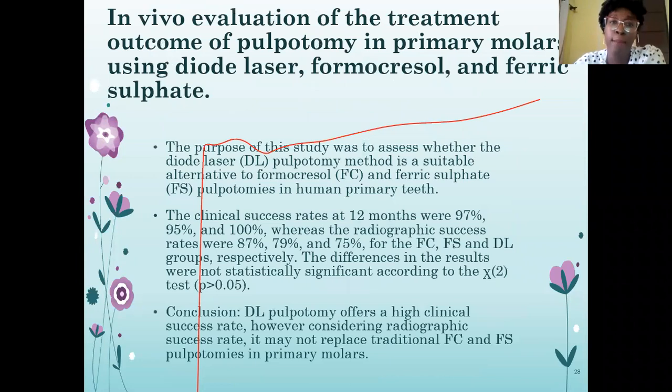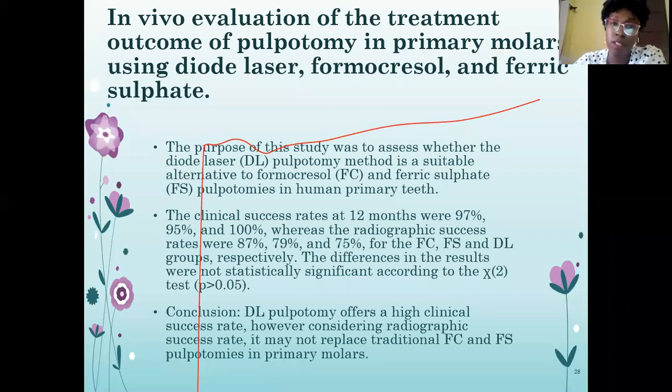So when comparing diode laser, formocresol, and ferric sulfate, the clinical success rates at 12 months were 97% for formocresol, 95% for ferric sulfate, and then diode laser, 100%. That's clinical. And then interestingly, the radiographic success is a bit the other way around.